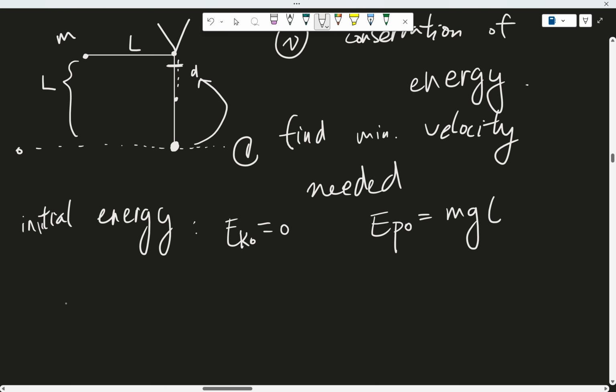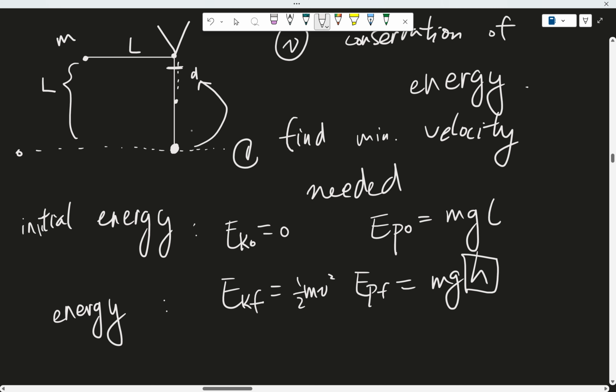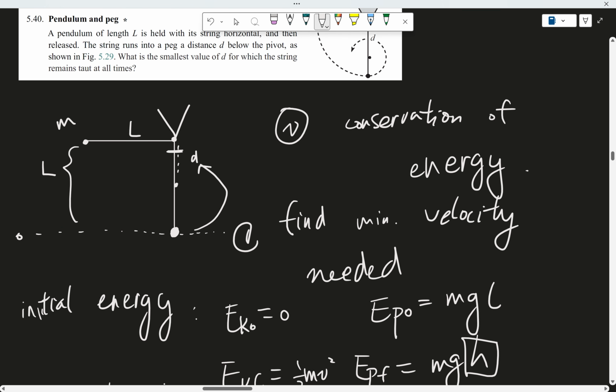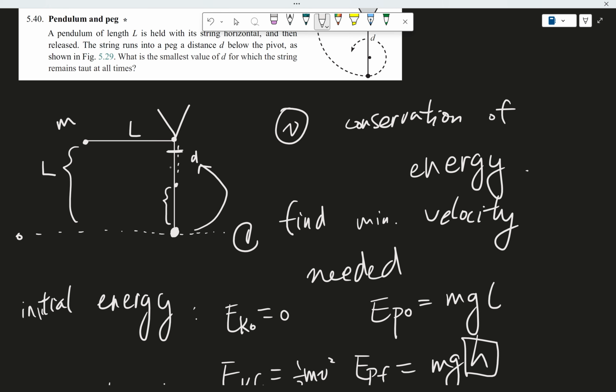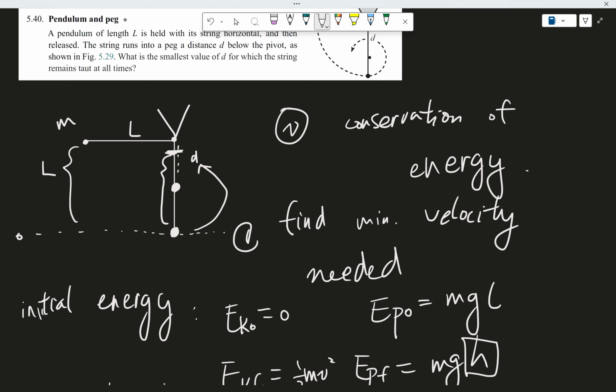And later, when it's here, there is a kinetic energy, half mv squared, and a potential energy, mgh. Let's try to derive h here, and let's do some geometry. If we look at this diagram, we're trying to find this distance, the highest point to the ground. So how can we do that? Well, we know that when this sphere goes around it, it goes in a circle.